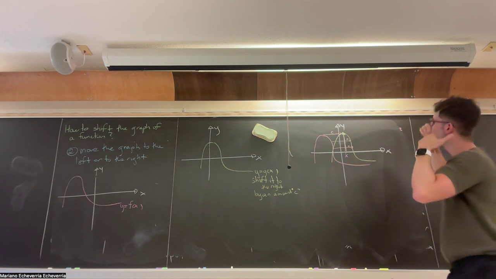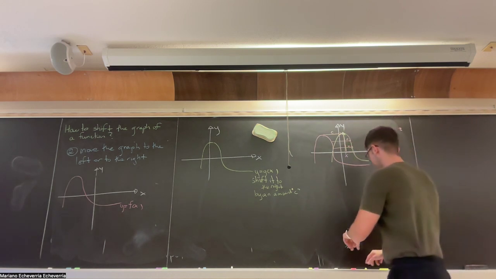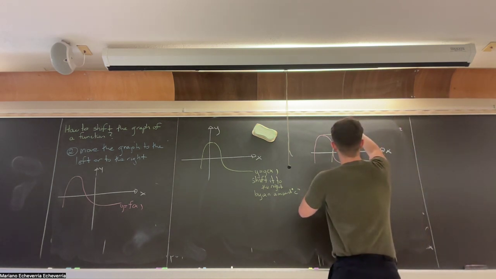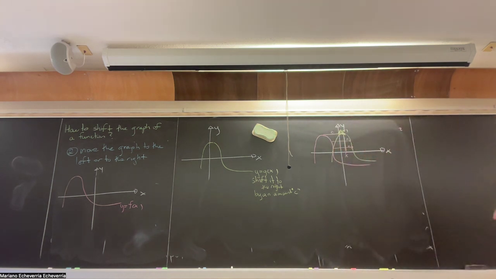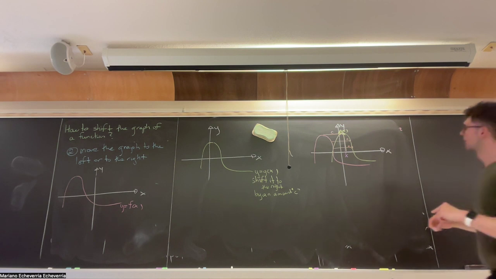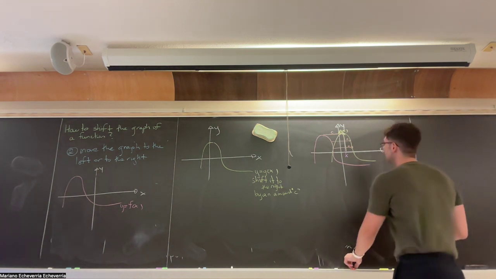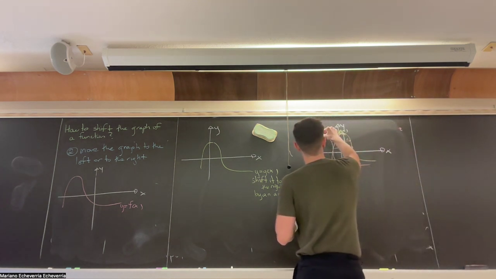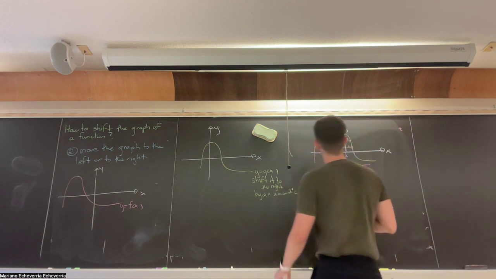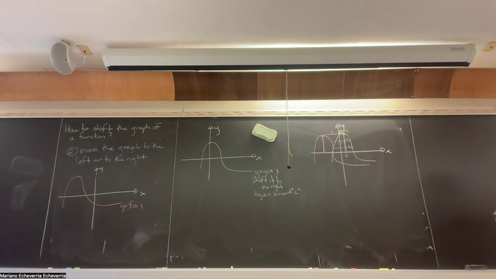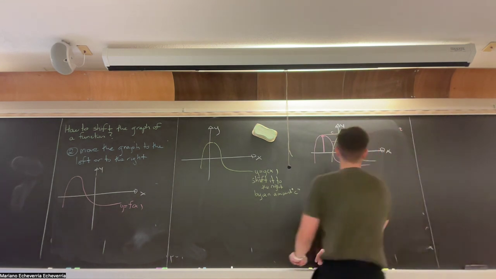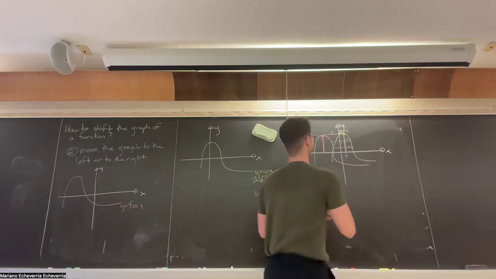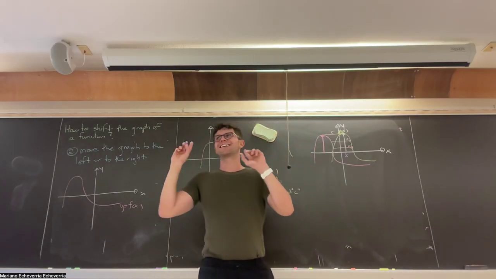So how can I think about the value? Okay, so g of x is here. This is g of x. That is the same as the value that I'm getting from the function here, from the original function. Okay, this is a complicated question.